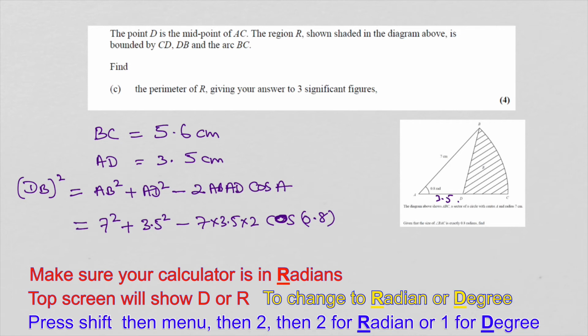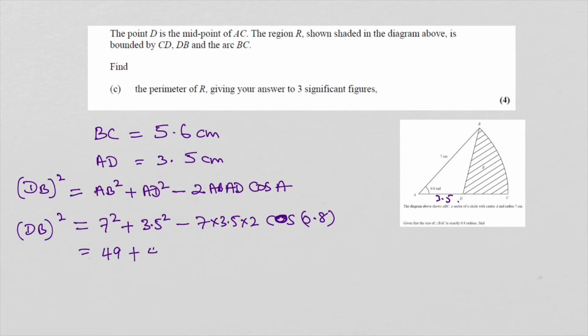So to work out the side DB, that would be 49 plus 3.5 squared, which is 49 over 4 because that's 7 over 2, minus 7 times 7 over 2 times 2 cos 0.8.